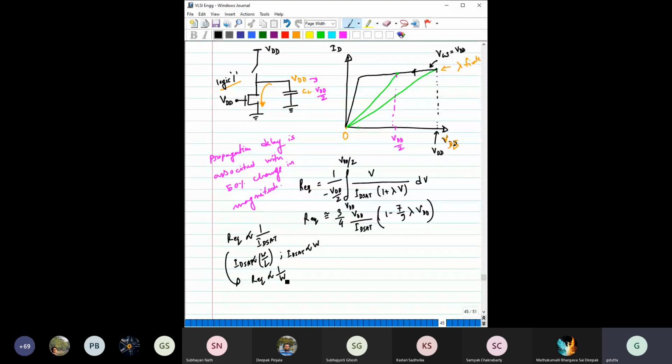So remember this relationship. If you increase this W, the width of the transistor, this resistance will decrease proportionately. So suppose you need to change the resistance of some transistor for some different application, then you should also be able to correlate the relation between the resistance offered by this transistor and its width.